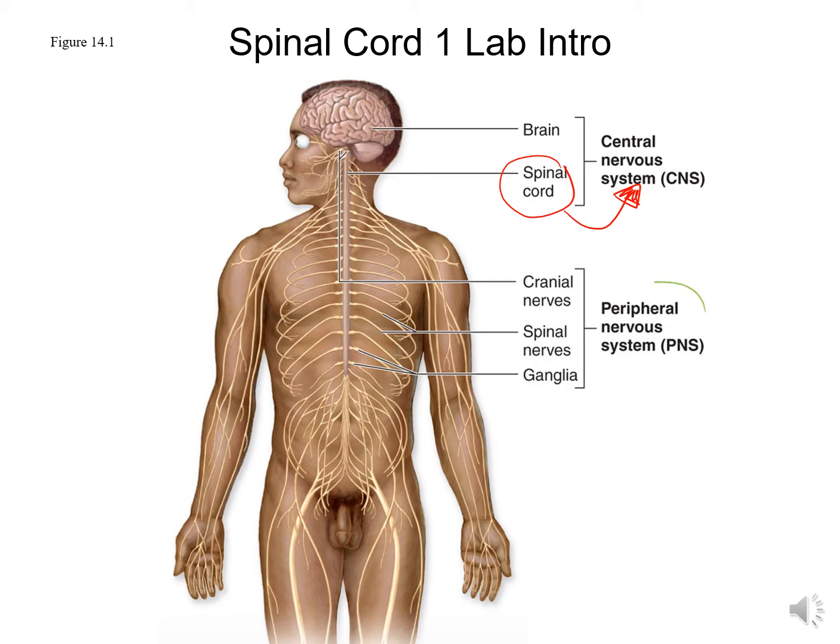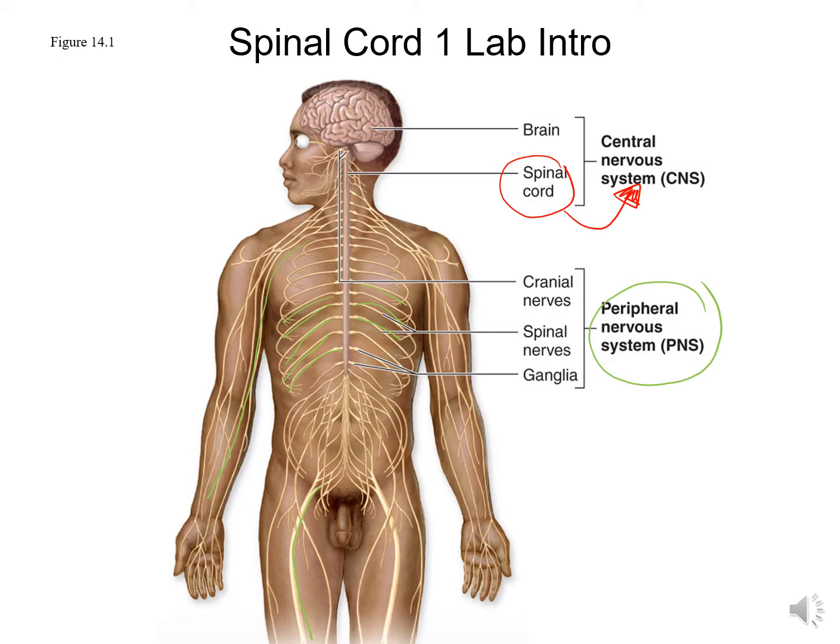Connected to the spinal cord, there are many nerves known as peripheral nerves. These nerves are part of the peripheral nervous system. They can be seen here in yellow on the diagram. They extend through the limbs, both the upper and lower limb, as well as through the trunk.